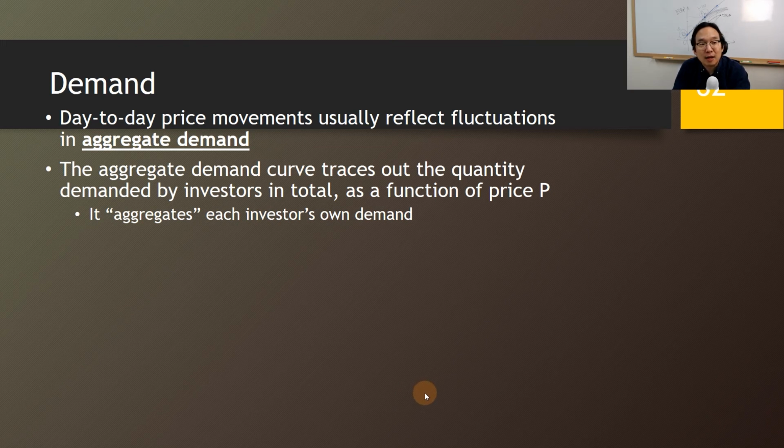Now, demand. Day-to-day price movements usually reflect fluctuations in the aggregate demand of that security. The aggregate demand curve traces out the quantity demanded by investors in total as a function of price P. It aggregates each investor's own demand. So, first of all, you may start with your own demand curve, my personal demand curve for Amazon.com.